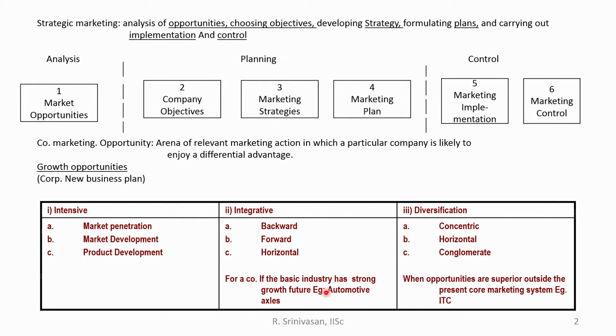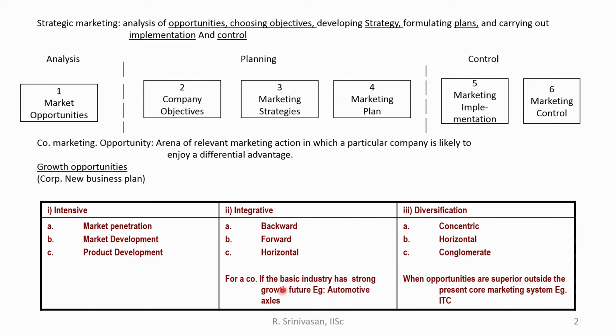You go in for these integrative opportunities when the basic industry has got a strong growth future. I have taken an example of a company called Automotive Axles in Pune. It supplies to major automotive players in the Indian market, be it TVS or Bajaj or name it. All these companies are supplied by the products of Automotive Axles.